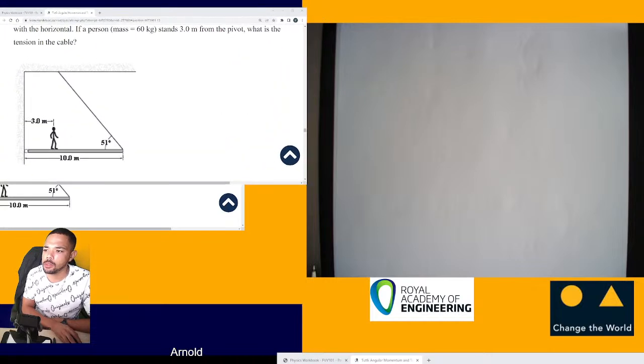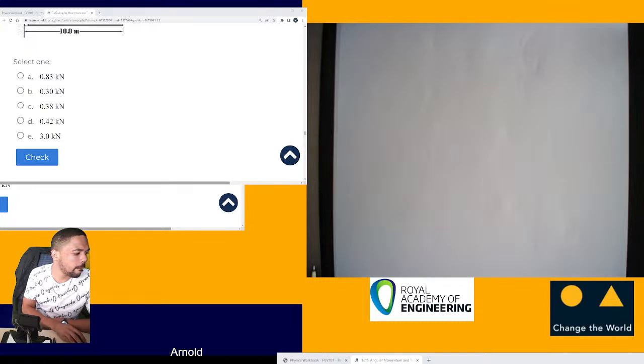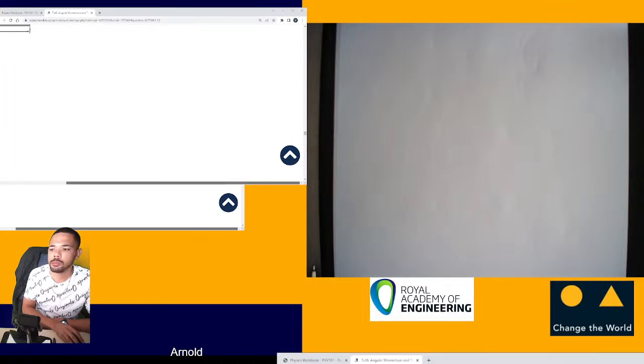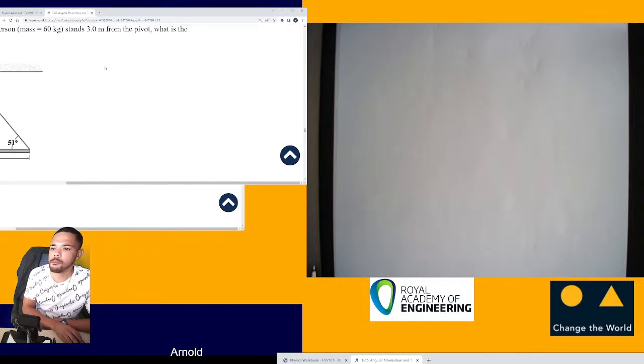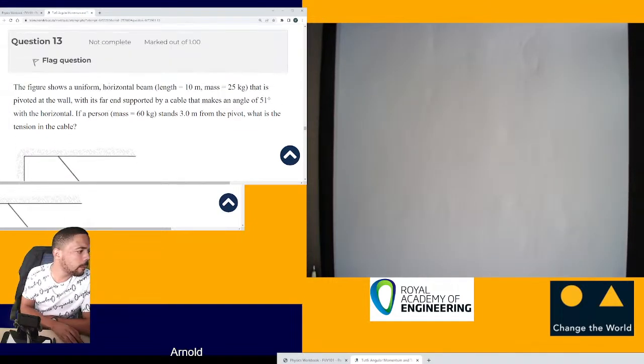Let me do this. Okay. Path. No idea what that is. Now it's double screen. I just need one part of the screen in focus at a time. Okay, this is question 13.